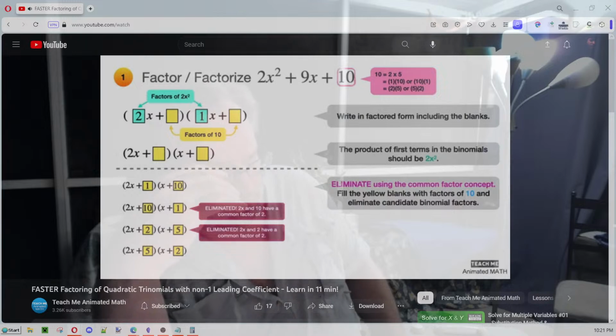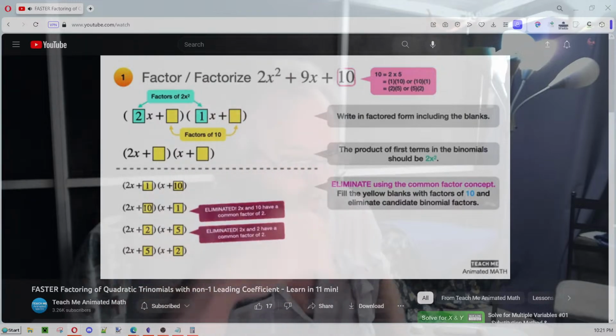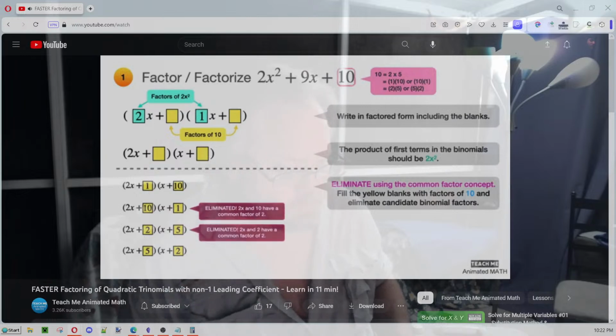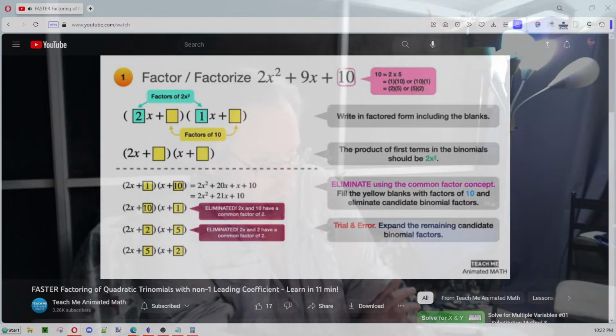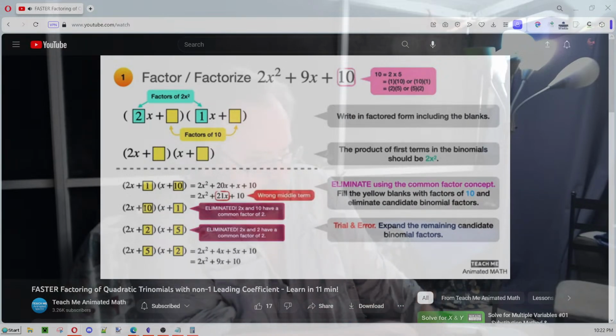This process allows us to eliminate candidate factors without doing polynomial multiplication. Amazing, isn't it? Now we can proceed to the trial and error method for the remaining binomial factors. Multiply the first candidate factors. The resulting middle term is 21x. This is an incorrect candidate. Multiply the fourth candidate factors.